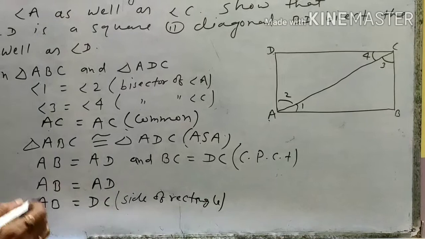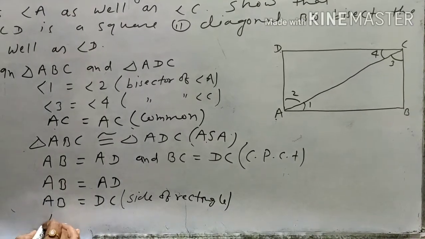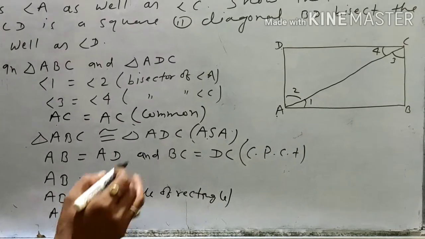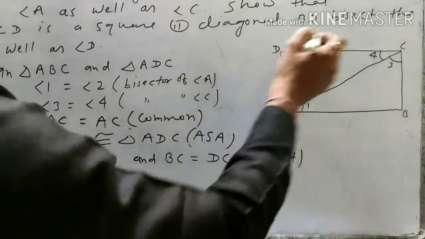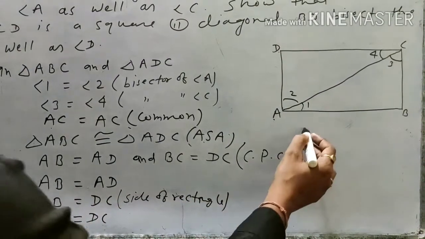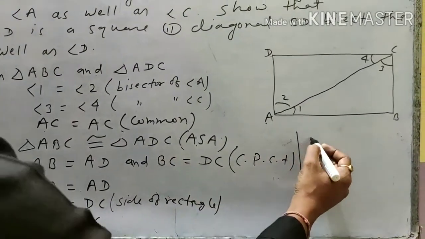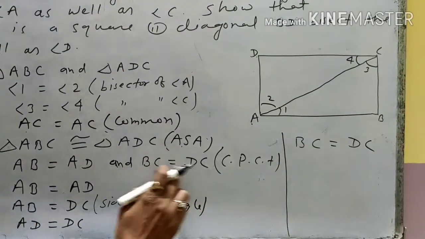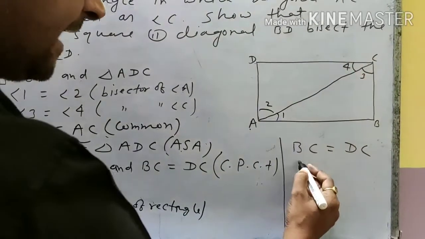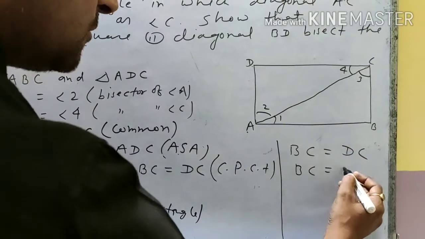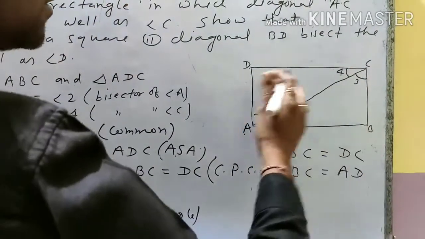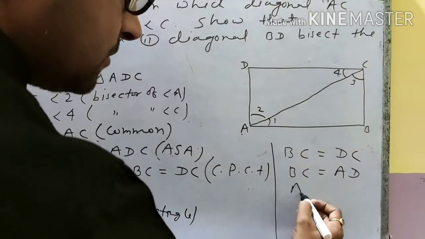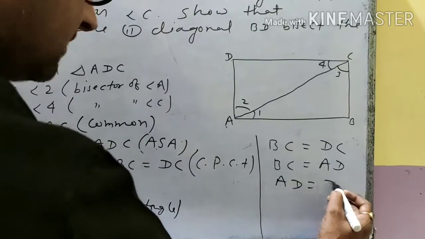So here we have a conclusion, AB is common, so we can say AD is equal to DC. And again, BC is equal to DC by CPCT, and BC is equal to AD because they are opposite sides of a rectangle. So AD is equal to DC.